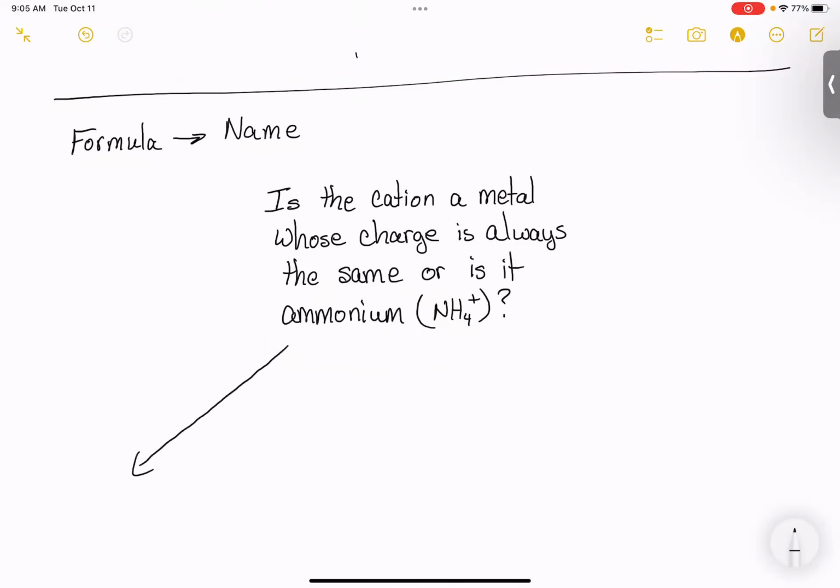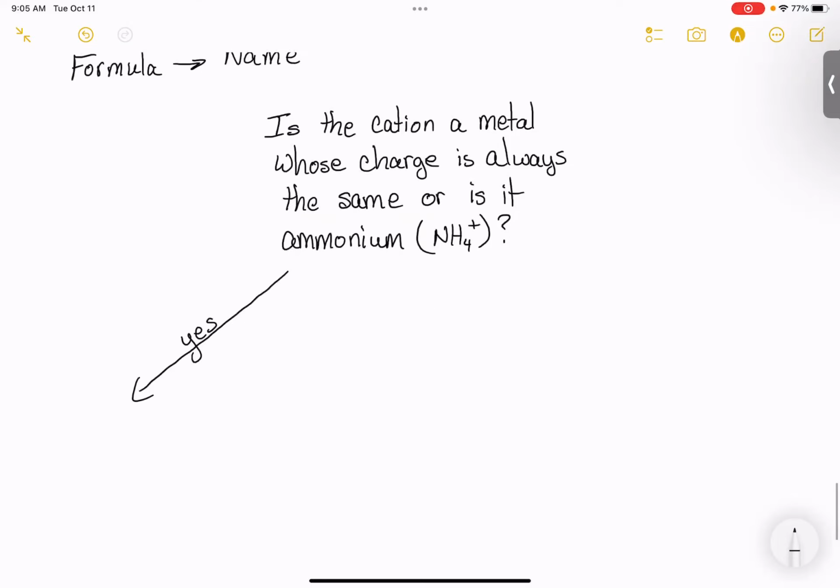If you answer yes to this question, then you will simply name the metal and you will name the anion.